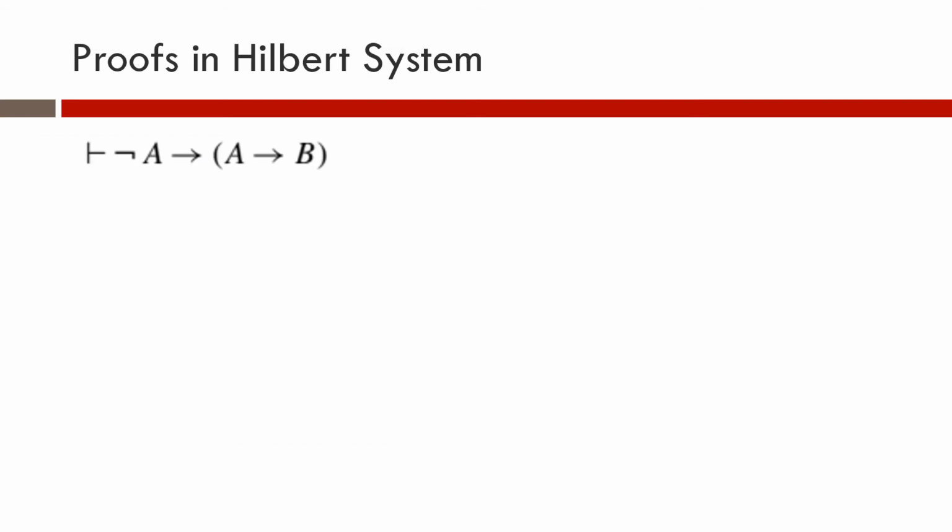Now another formula to prove. We need to prove negation A implies B. So to start with, we will start with negation A in the set of assumptions. So we say we have negation A in the set of assumptions, and we apply axiom 1.